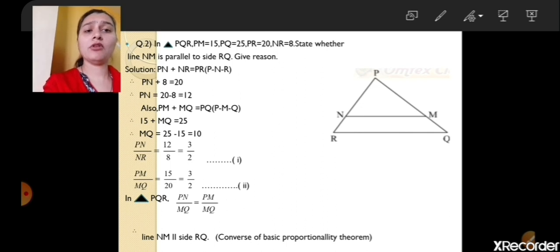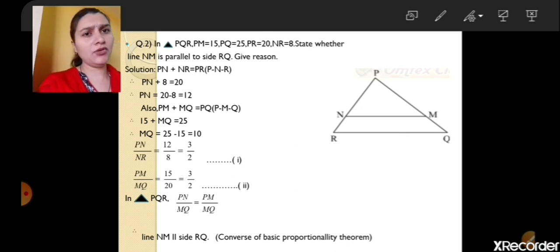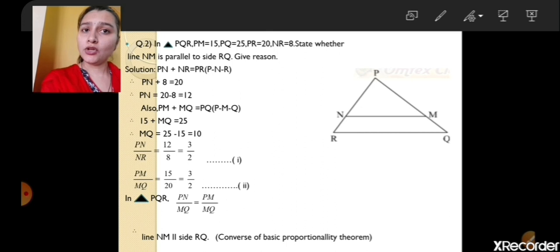Now let me write in a ratio. First I'm taking the left hand side, that is PN upon NR. The values are 12 upon 8, that gives me the answer 3 upon 2. Same thing I will do with the right hand side, PM upon MQ is equal to 15 upon 10.